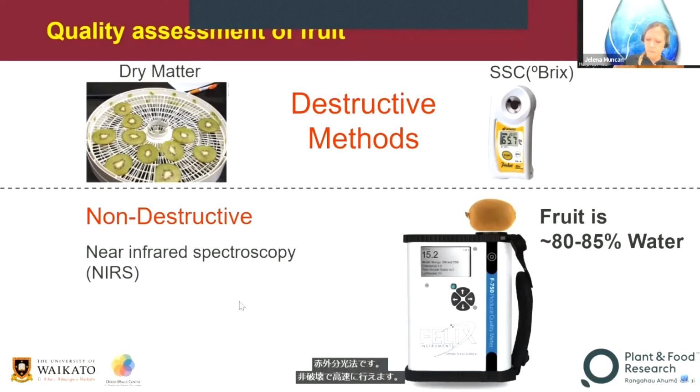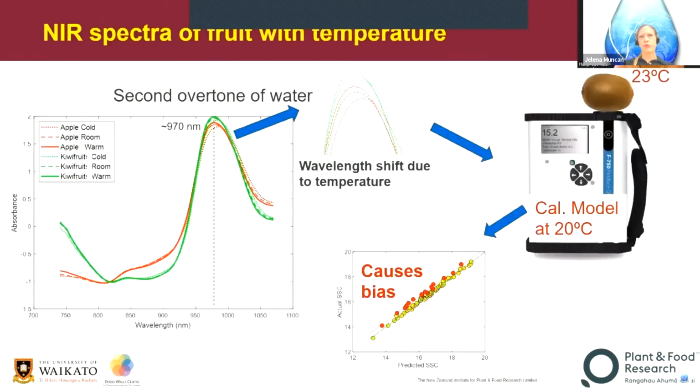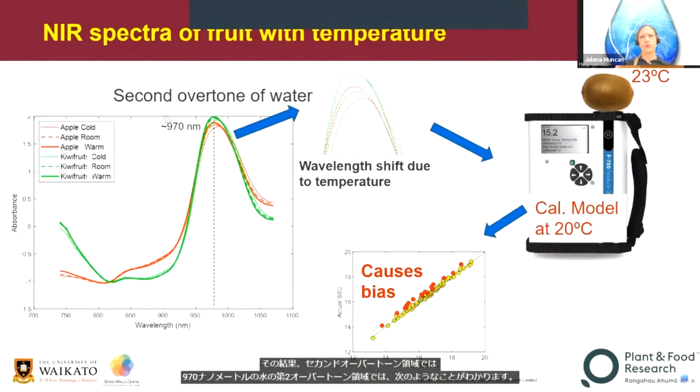So here comes near-infrared spectroscopy that simplifies everything. It is fast, non-destructive. So when a fruit is measured, the spectra of fruit is measured at different temperatures. So what we get, in the second overtone region of water at 970 nanometers, you can see there is a change in the absorbance intensity, as well as there's a wavelength drift.